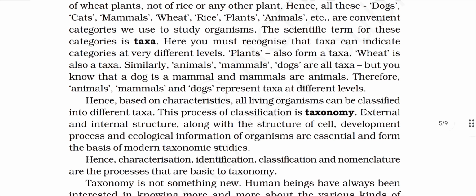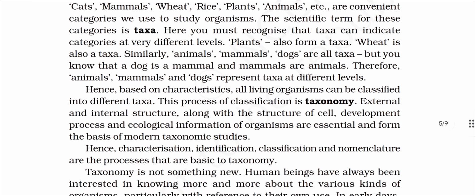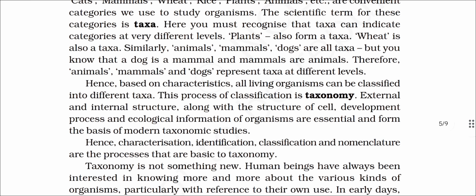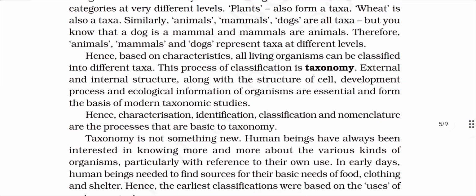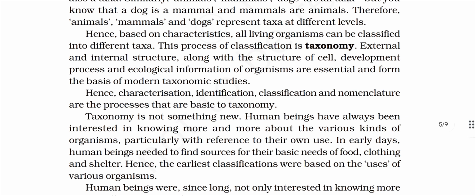Plants also form a taxon. Wheat is also a taxon. Similarly, animals, mammals, dogs are all taxa. But you know that a dog is a mammal and mammals are animals. Therefore, animals, mammals, and dogs represent taxa at different levels.